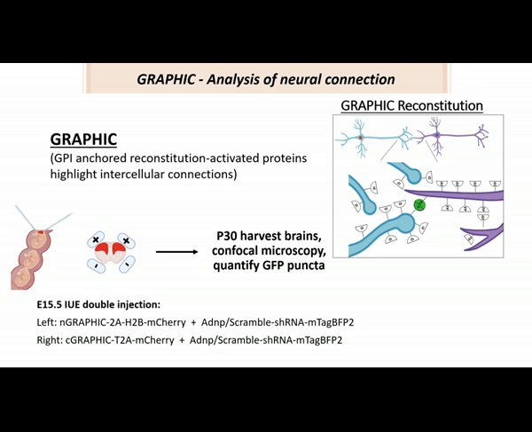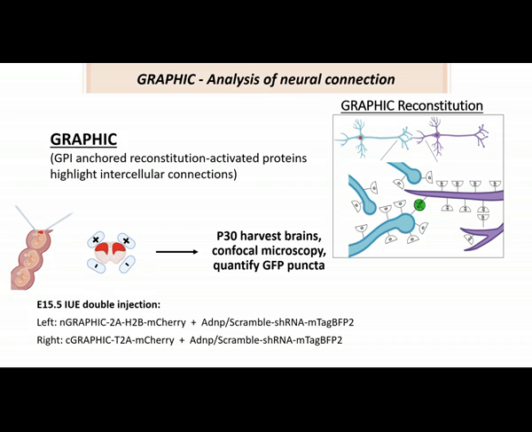When each portion is expressed in two different cells and they closely contact each other, the full-length and functional GFP is reconstituted by the two GFP fragments. In neurons, only the synaptic gap is close enough to reconstitute GFP, so we can visualize the neural connections in synapses.